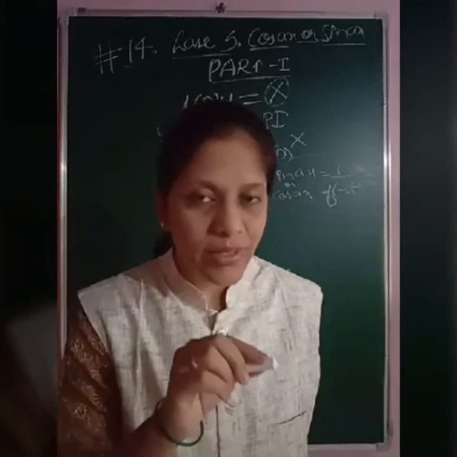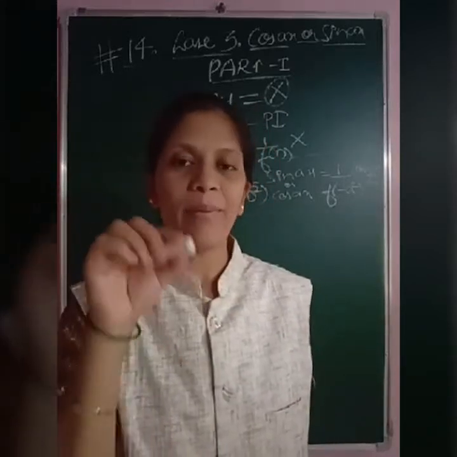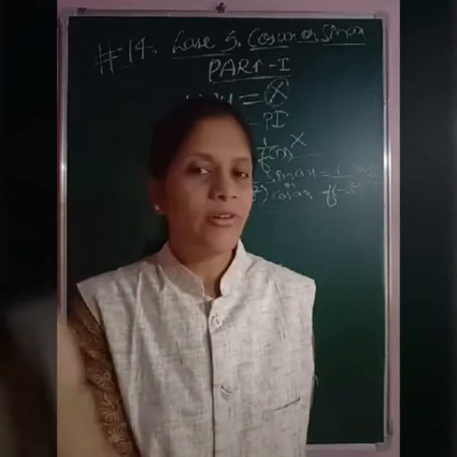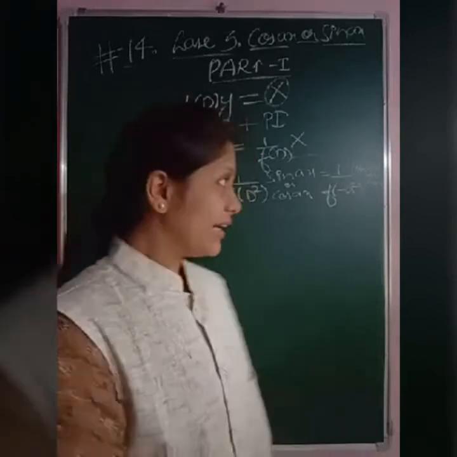That is, wherever D squared is there, we replace it by minus a squared, and we do not know about D.